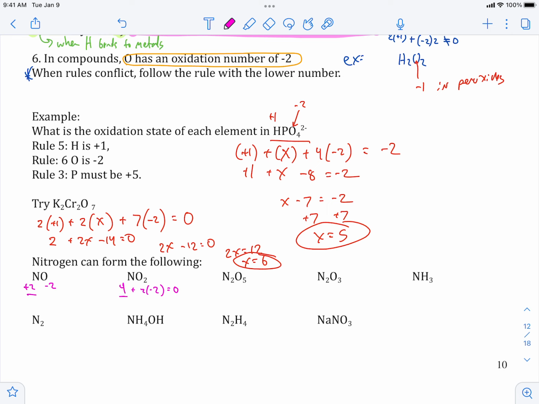Okay, so 2 times nitrogen plus 5 times oxygen. So -10 is countered by 2 times x. The charge on nitrogen here is what? It's got to be 5, right?